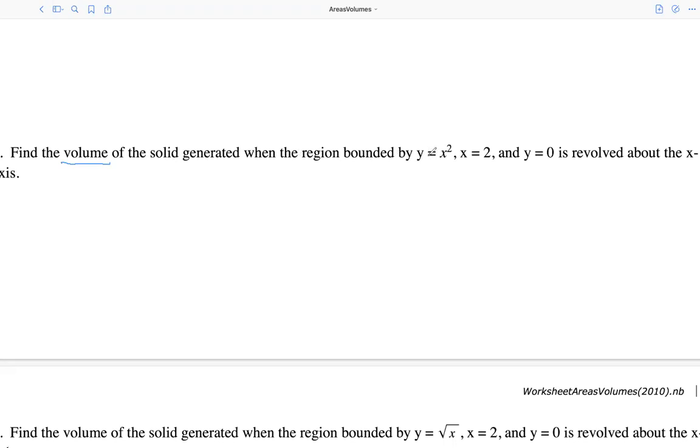The solid is generated by three things: y equals x squared, an upward parabola we need to graph; x equals 2, a vertical line; and y equals 0, which is the x-axis. Well, let's graph first.